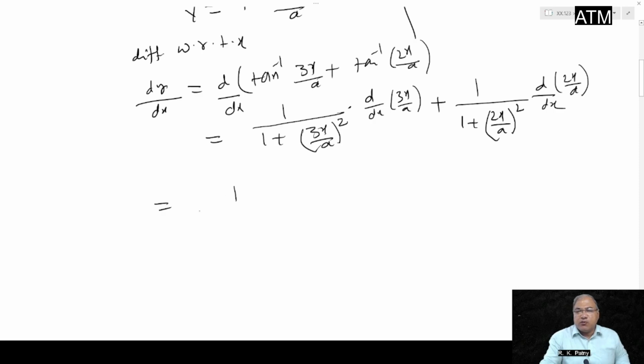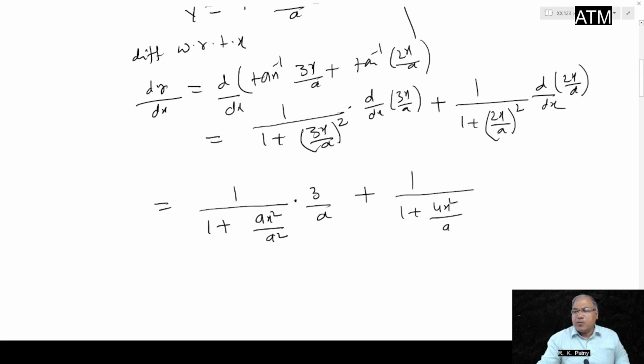This is equivalent to 1 upon 1 plus 9x square upon a square into 3 upon a plus 1 upon 1 plus 4x square upon a square into 2 upon a.